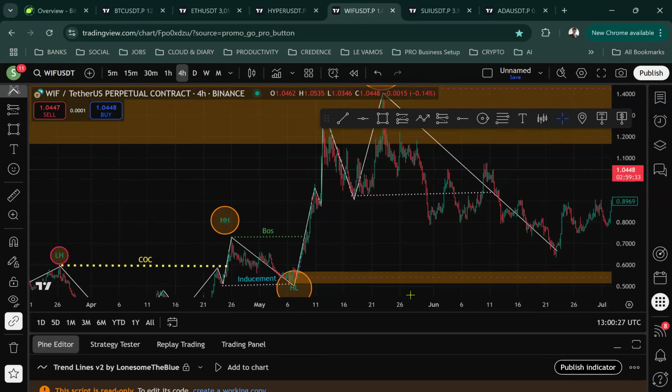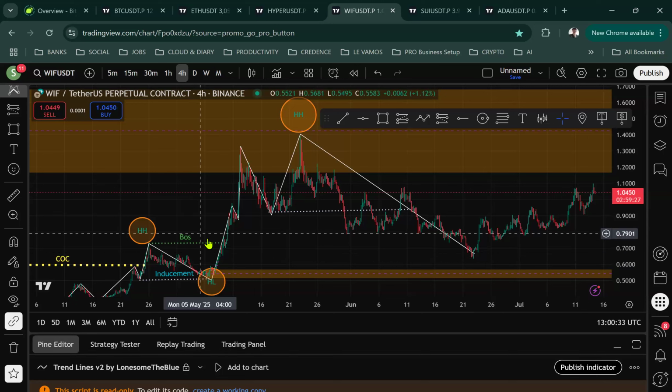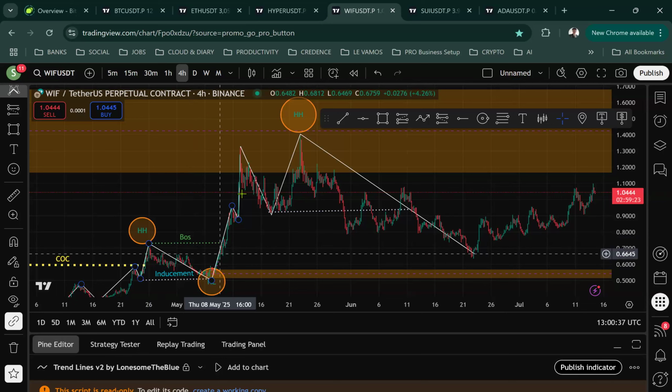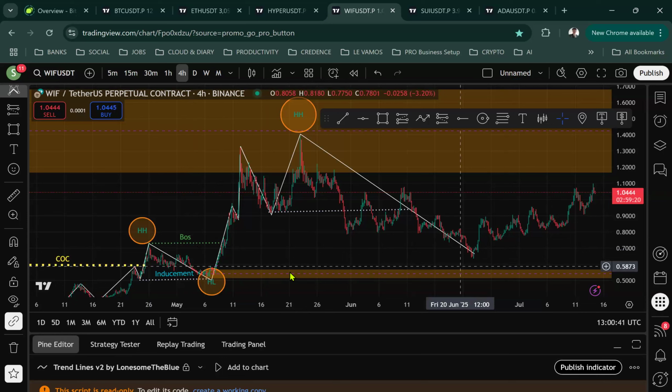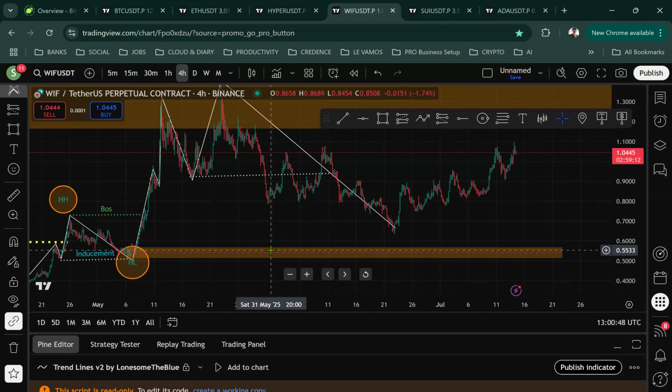Our one condition from here is the break of structure. Yes, this is the break of structure we can consider. It is not mitigated, this much area is fresh, and there is a fair value gap. So we identified it. This is the valid zone.